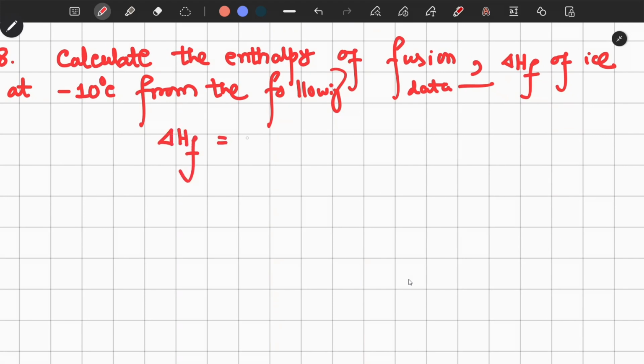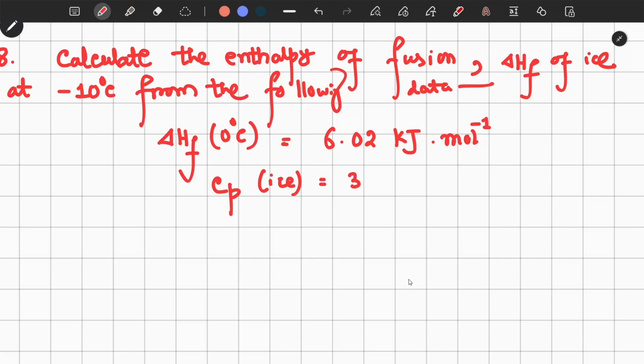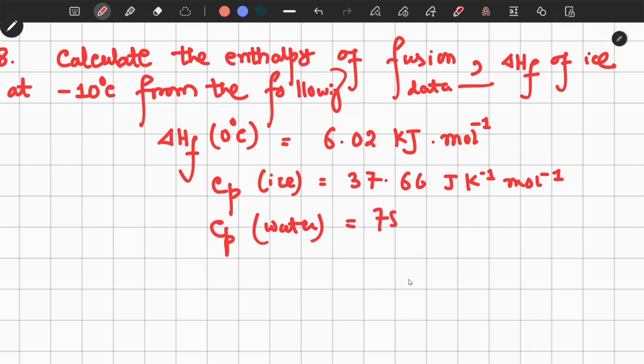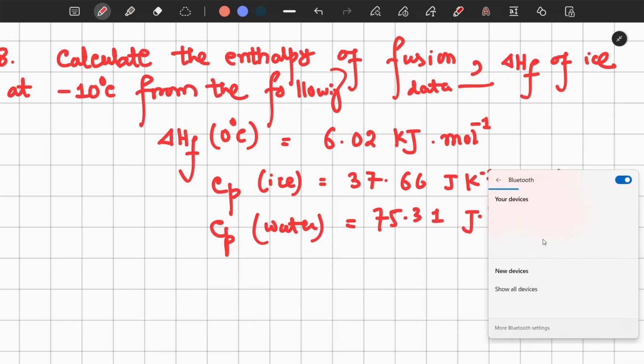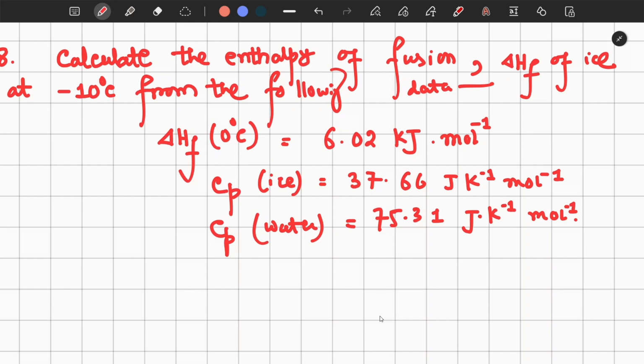The delta H F at 0 degree. Cp of ice is what?